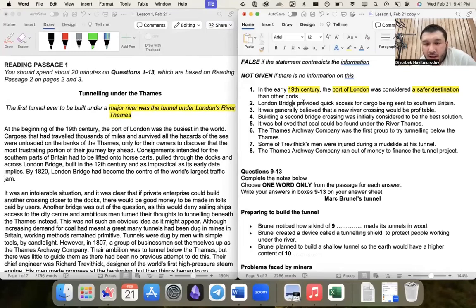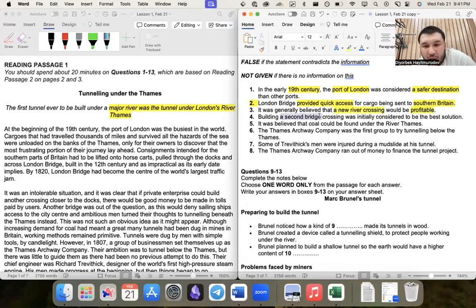"London Bridge provided quick access for cargo being sent to southern Britain." You see, in each question, we are finding one word that's impossible to be paraphrased. Again, you can say that. Then, "it was generally believed that a new river crossing would be profitable." The keyword here is profitable.